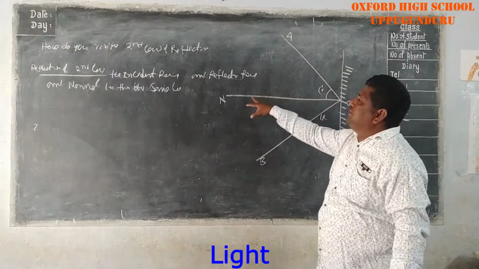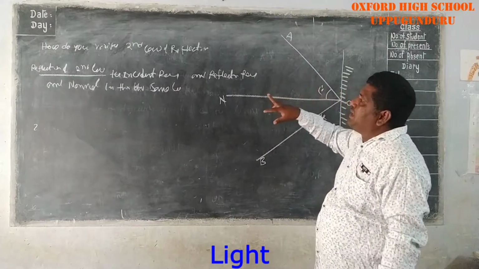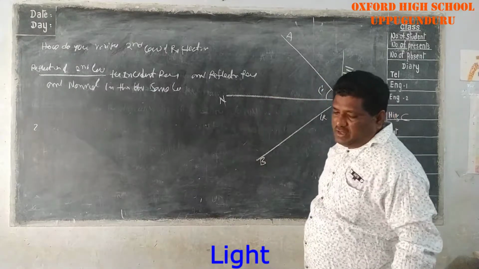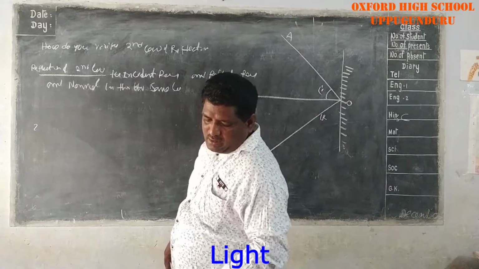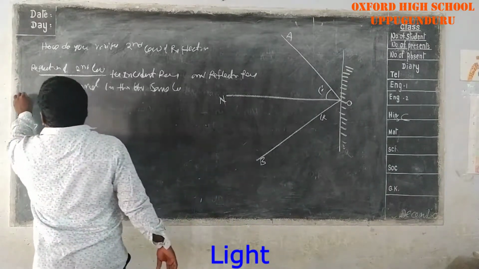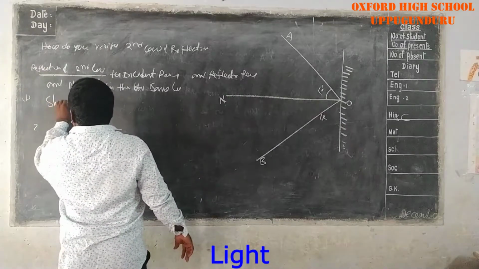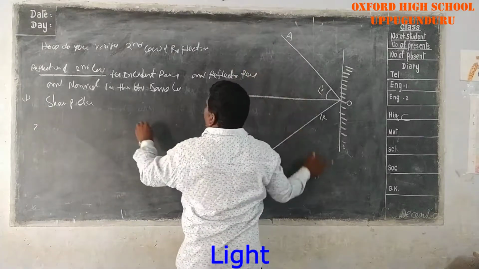Now, what is the definition of the second law? The incident ray, reflected ray, and normal line are in the same plane. These are called the second law of reflection. Next, first point, showing the picture. First of all, AO.